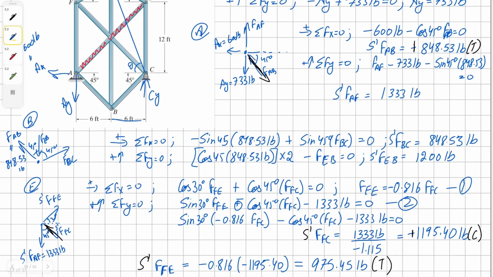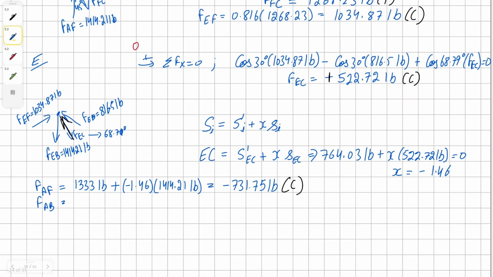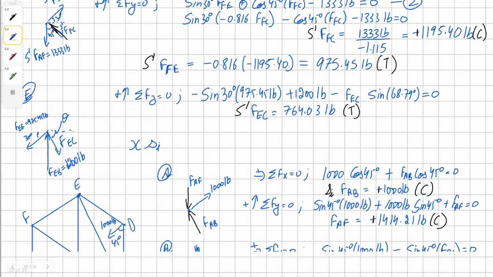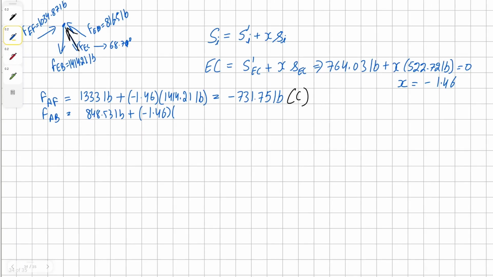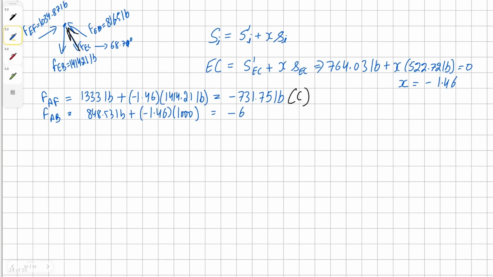Now the force in member AB. For AB, we have 848.53 pounds plus negative 1.46 times petite AB, which was 1000 pounds. Solving this, we get negative 611.47 pounds. And this member is in compression as well. Now we can proceed to force EB.